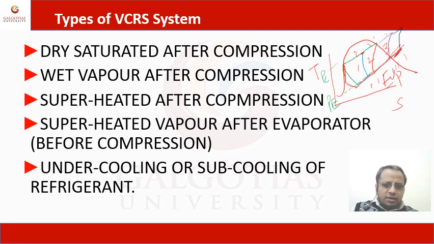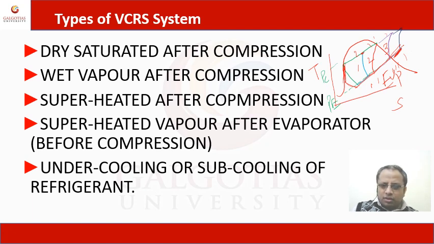Now the other condition is possible with the subcooling of the refrigerant. Subcooling of the refrigerant means the temperature of the refrigerant decreases below the condenser temperature. Suppose the condenser temperature is 40 degrees and the subcooling is, suppose, 25 degrees, so that this development will appear. This is the condenser line pressure and temperature.